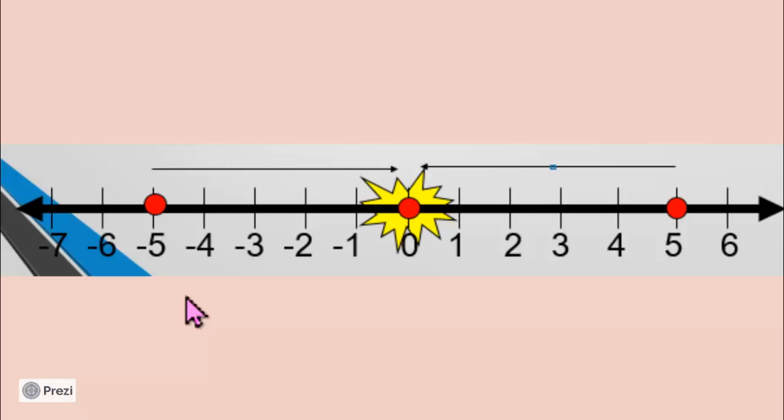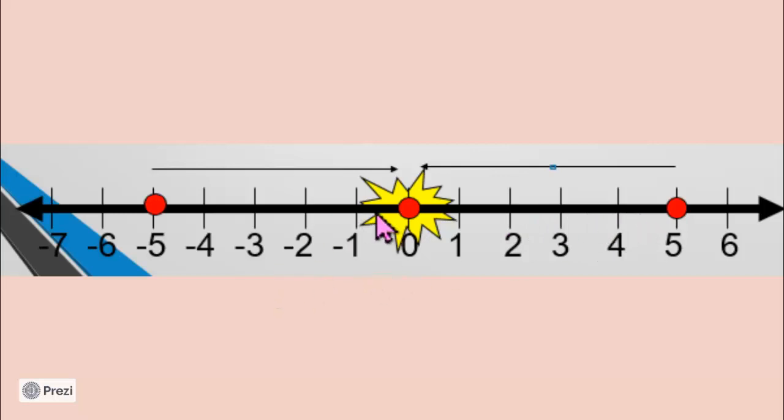Now, let's have a look at this number line. This number line is the number line for integers, right? We said that the absolute value of a number is how many units it is away from 0. So, if I say here 5, 5 is 5 units away from 0, right? 1, 2, 3, 4, and 5.